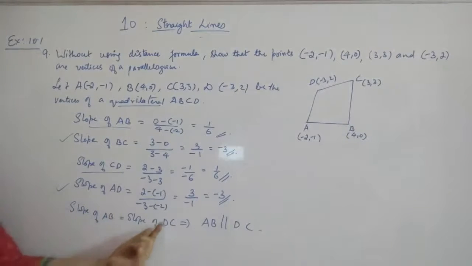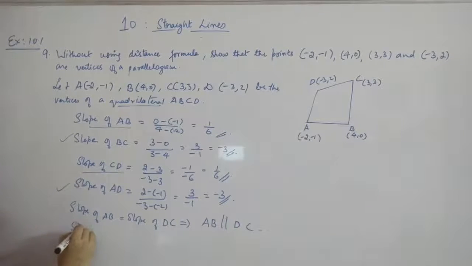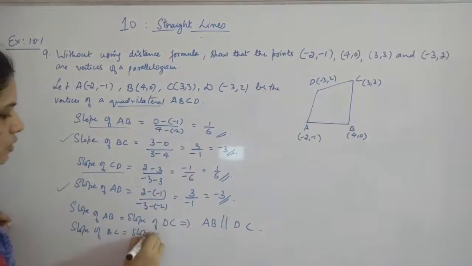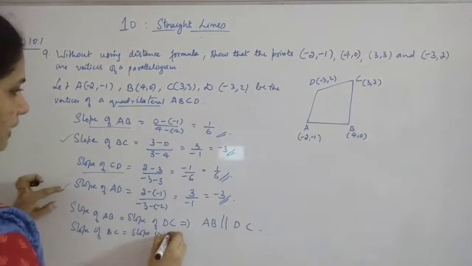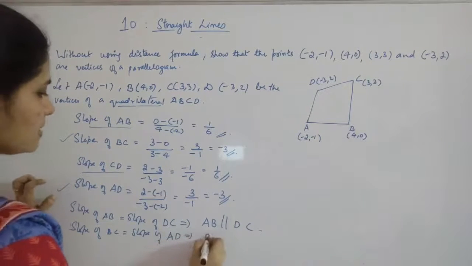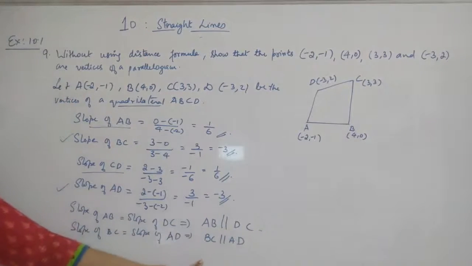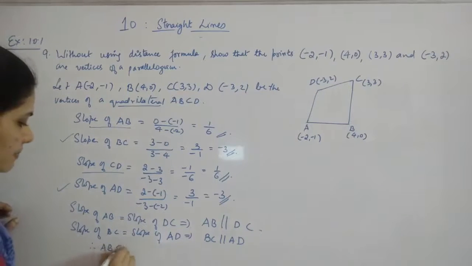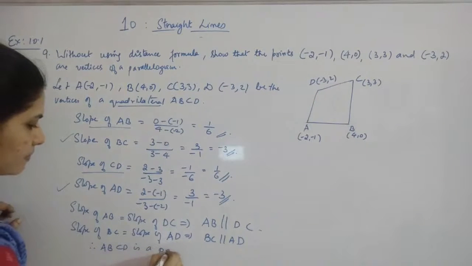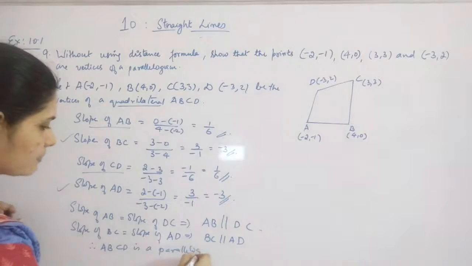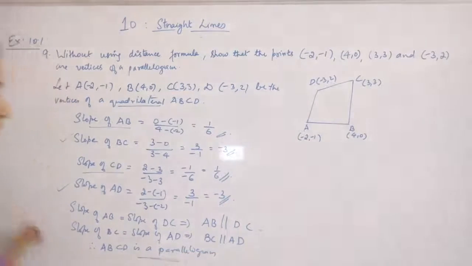Since m1 is equal to m2 implies the lines are parallel. Again, the second concept which you are getting is the slope of BC is equal to the slope of AD, which implies BC is parallel to AD. So you got 2 pairs of parallel lines, therefore ABCD is a parallelogram. Understood?